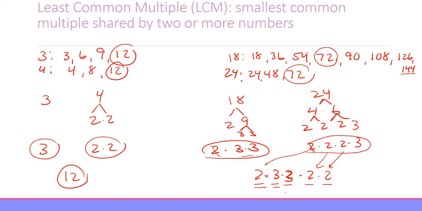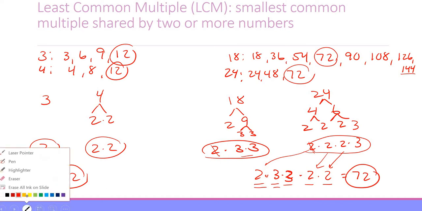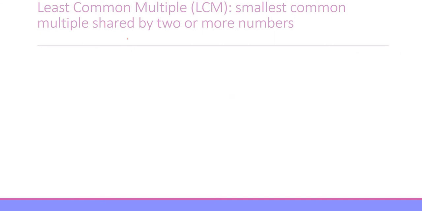So I'm in good shape here, and if I multiply these all together, I will get 72. Let's try one more of these. I'm going to erase this and we'll start again. Let's say I want the least common multiple of, let's do 16 and 30.